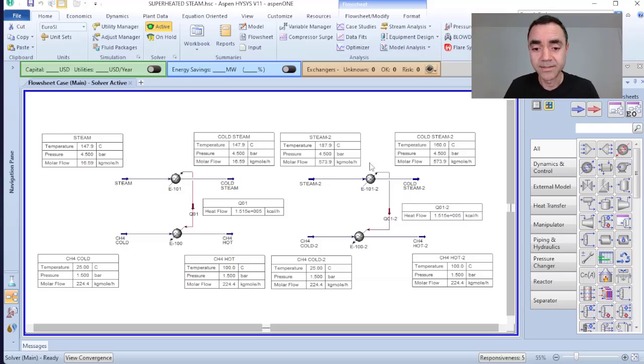Because of that, I need 30 times the flow of saturated steam to heat up this methane. And again, if I have 30 times more flow compared to the saturated steam, I will have a much bigger equipment or heat exchanger for this process.